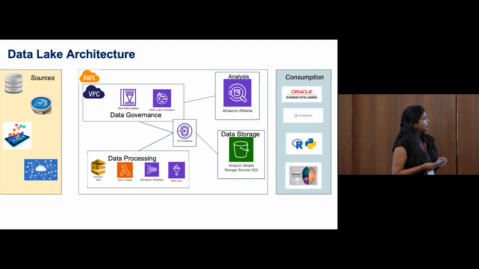And for that, we used AWS Glue, SQS, some of the services that are used for data processing. And for data storage, we use S3 buckets, basically because it's cost efficient and scalable. And we have a Glue data catalog that helps us define the schema and the tables, and in fact, the runtime metrics of the data sitting in S3.